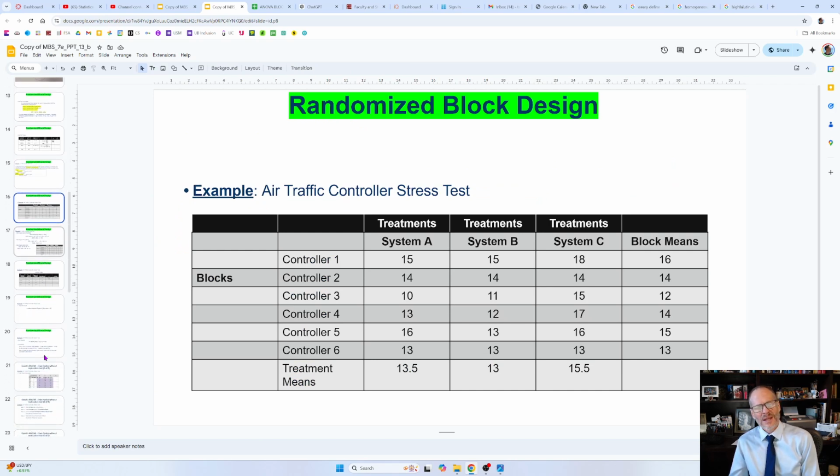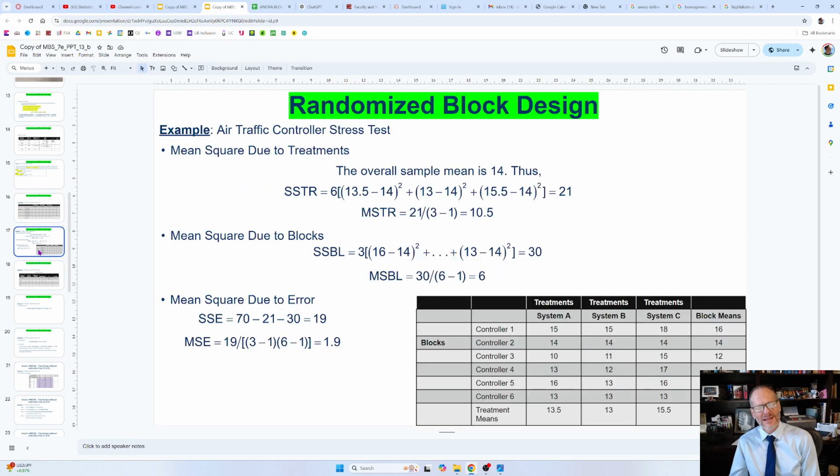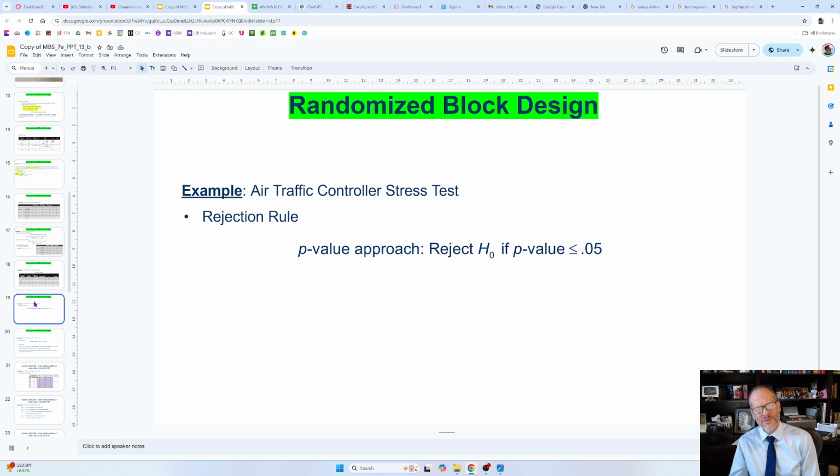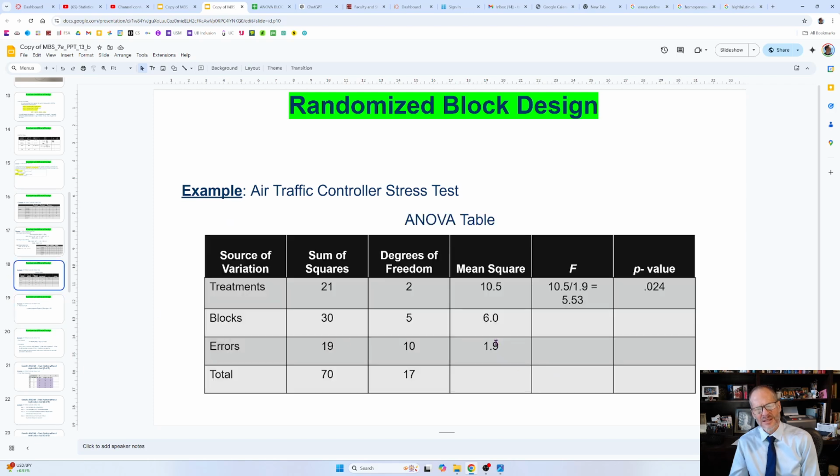That's okay. Example, so here's the data, and then here they calculate their results, and that's what we did in the previous video also, but we did it our way because to me that's confusing. Then here we have our ANOVA table, and I haven't checked these against mine. They got 5.53, and that's what we got.